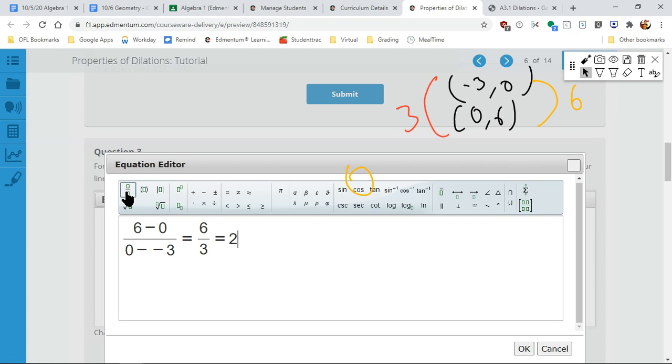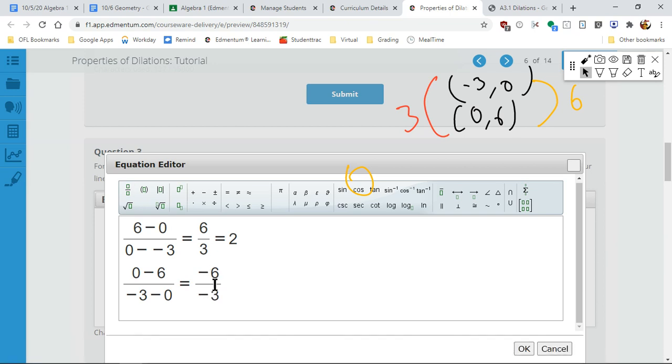Now, let's say for some reason you're like, well, what if I accidentally put these points backwards? So if you accidentally put these points backwards, don't worry about it. Because see how this double negative makes it positive? Well, if you do it backwards, 0, -6, and you do this -3 minus 0, you end up getting this fraction of -6 over -3.